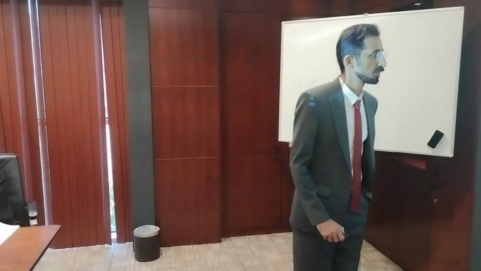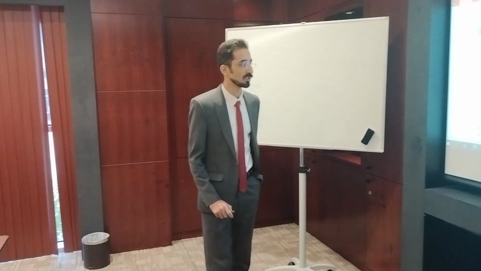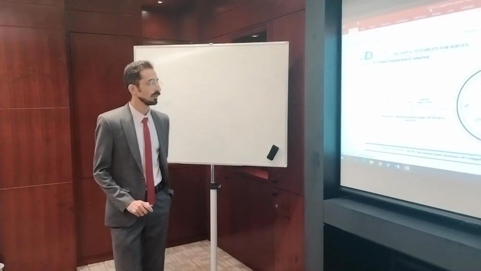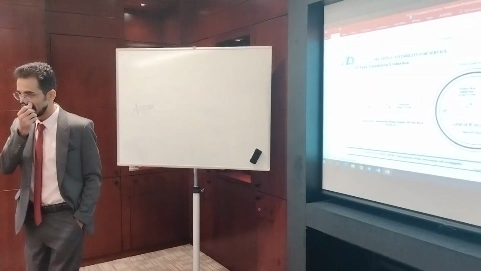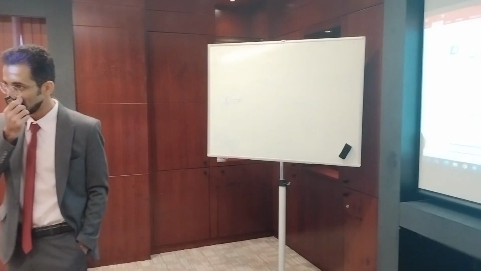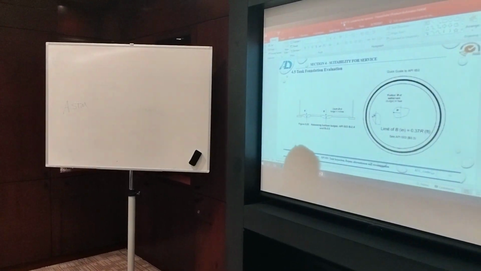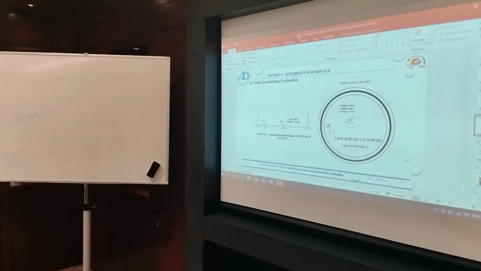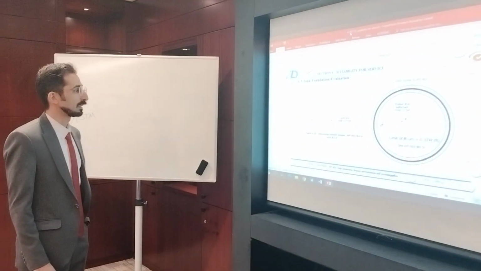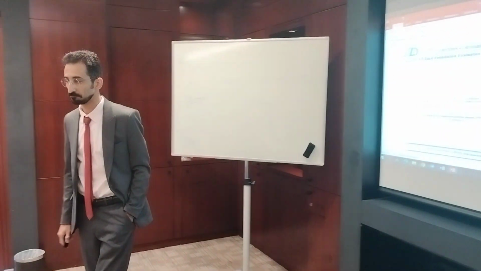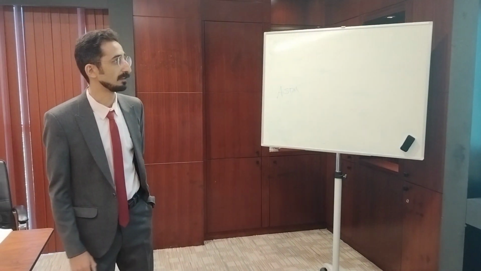It says that if the size of the buckling is less than 0.37 times R, which is the radius of the storage tank in feet, this buckling can remain without any repair, unless you shall provide a repair or further refinement on that.